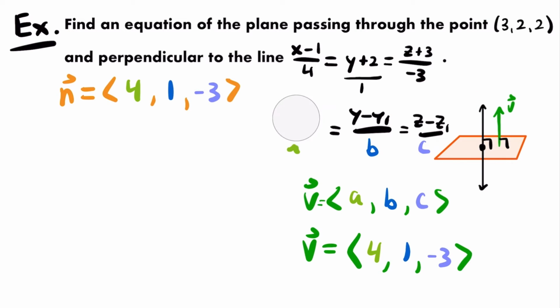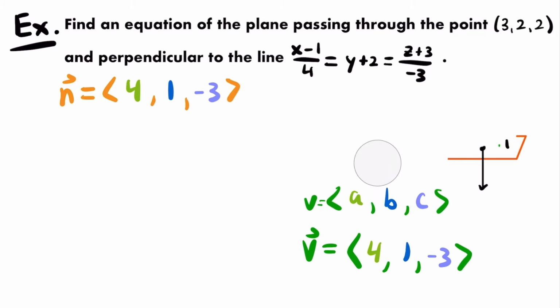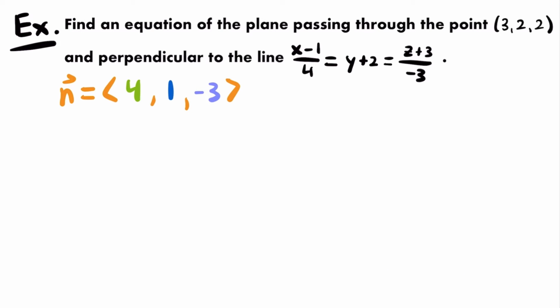Okay, and so now we have everything that we need to find an equation of the plane in this example. We have a point on the plane and we have a normal vector. So let's set up an equation for this plane. We'll have a, which is 4, times x minus x1, the x coordinate of our point, which is 3. So we have x minus 3, and then we will add b, which is 1, times y minus y1, which is the y coordinate from our point, and that's 2.